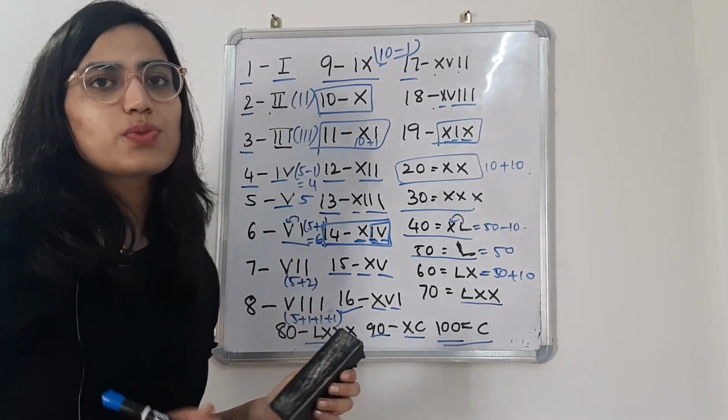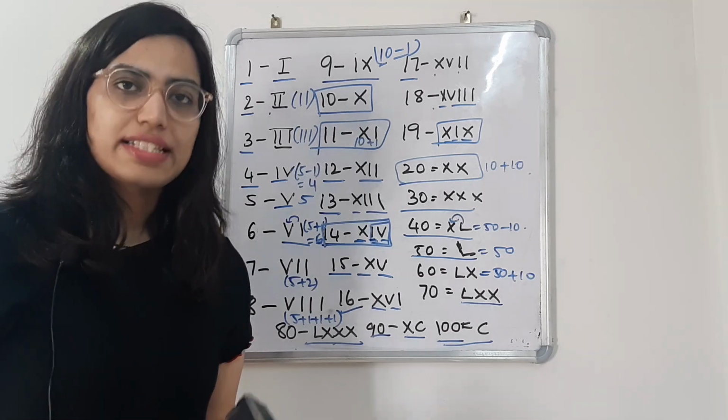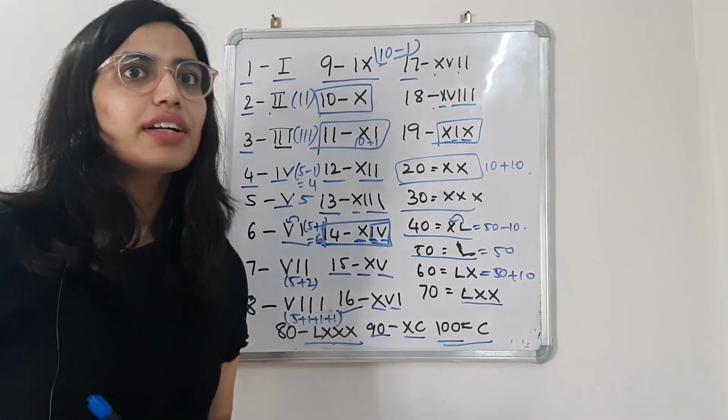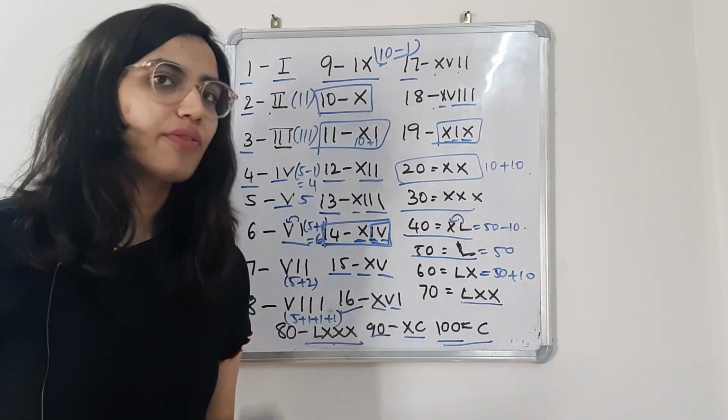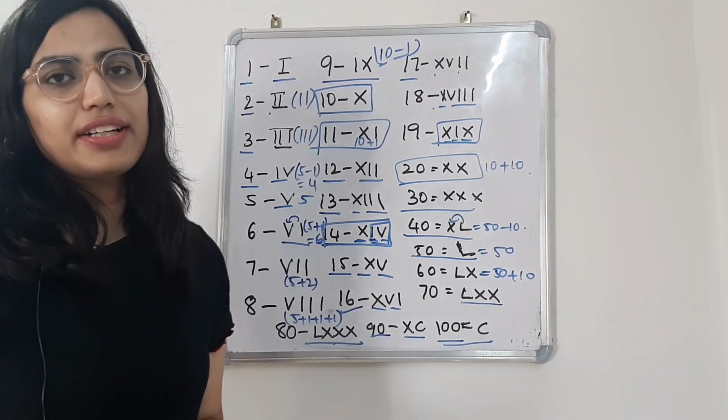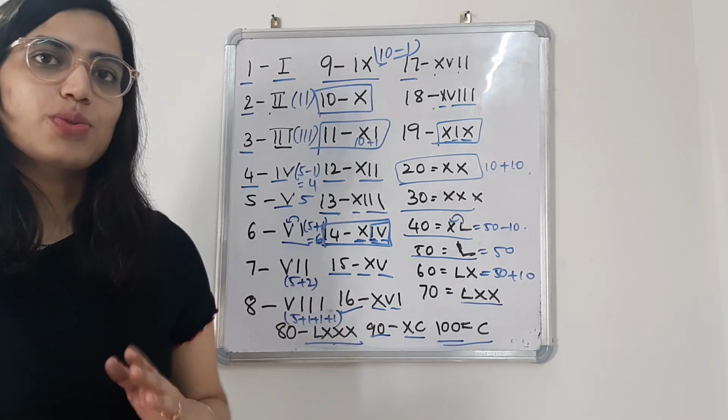Now what we'll do is we'll see a couple of examples wherein I convert from Roman numerals to our Hindu-Arabic system and vice versa. Then you'll have an idea how to convert and use these Roman numerals.